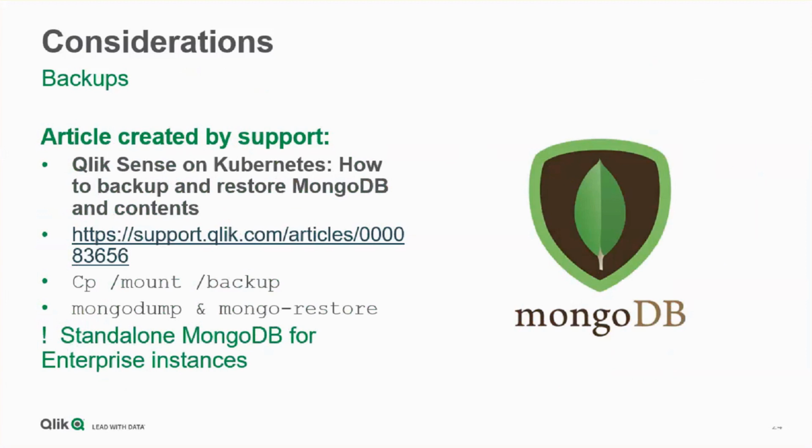You want to have a standalone MongoDB instance, because as you increase traffic, you're just putting load on Kubernetes. The other thing is you're running a database in what is traditionally a transient resource, right? So while there are opportunities to make that stateful, just for enterprise instances especially, make sure that you're using standalone MongoDB or manage MongoDB through a service like Atlas, right?